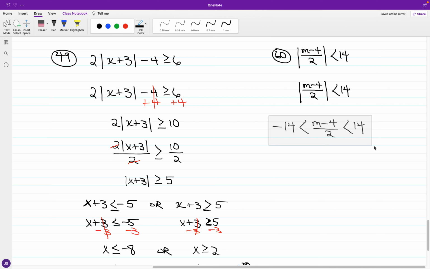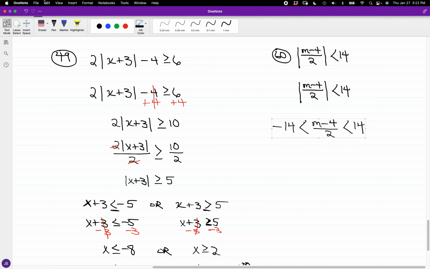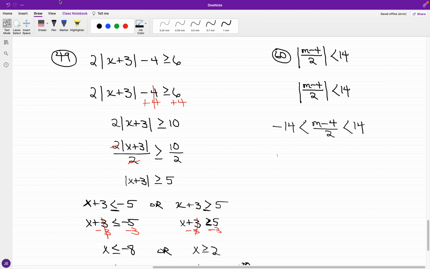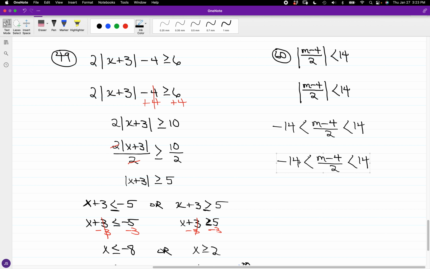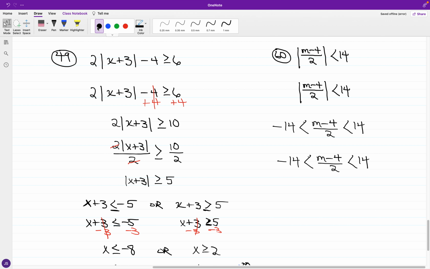And just taking care of the fraction, I can just multiply all the terms out by 2.